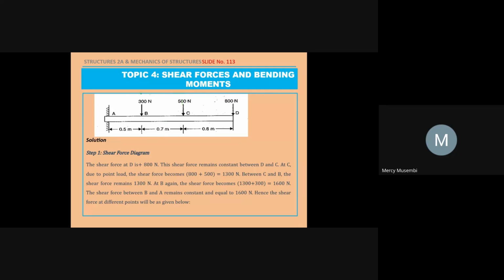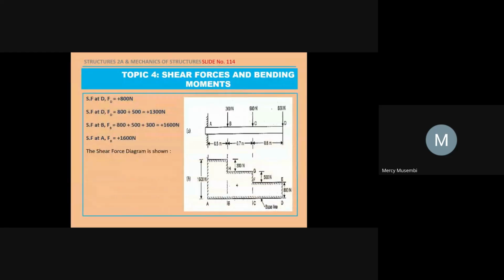So it will be 1300 plus 300, 1600, and then the 1600 will go till this point where we have our fixed end. It looks something like this. Kindly take note of the positive sign, the baseline, and the indication of the force at every point where there is a change.